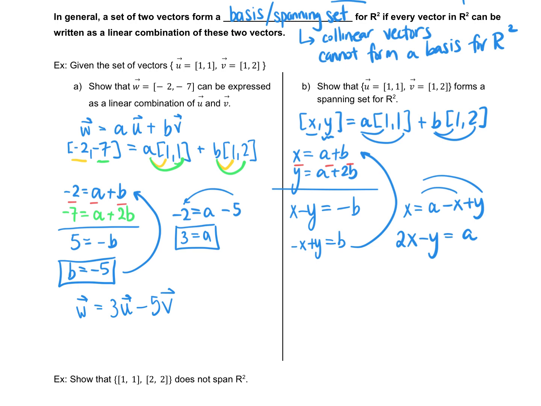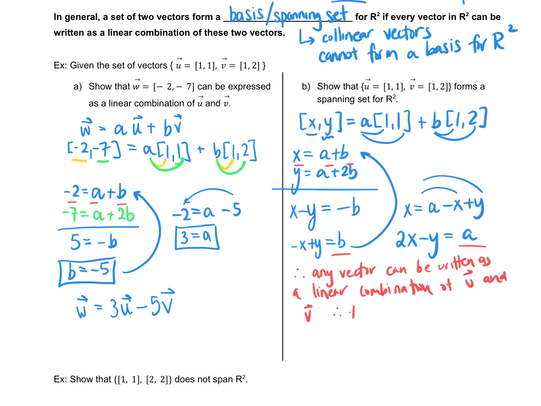The fact that I was able to find an expression for a and b means that I can write any vector (x, y) in terms of vectors u and v. So therefore, any vector can be written as a linear combination of u and v. Therefore, they form a spanning set.